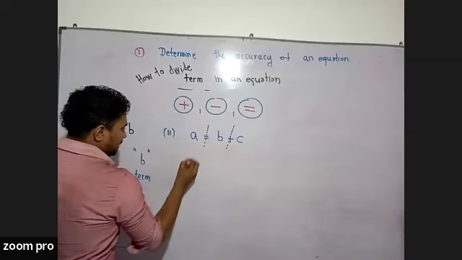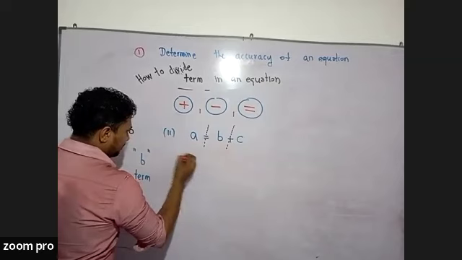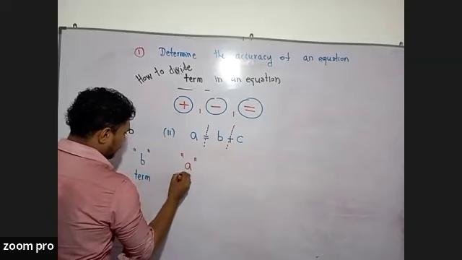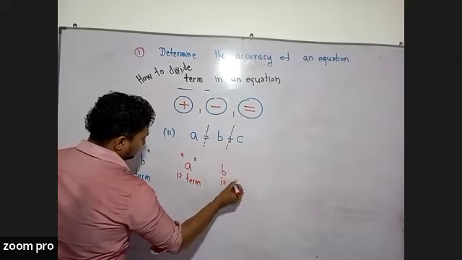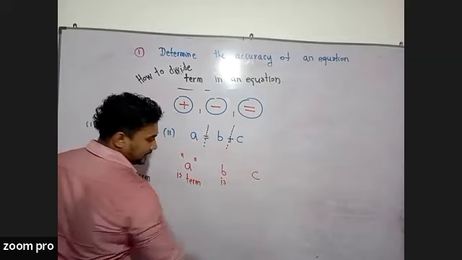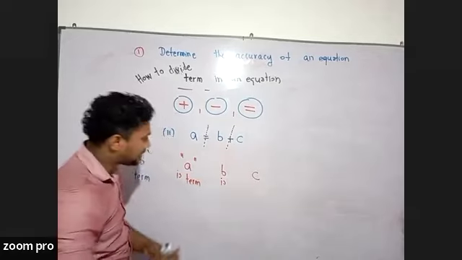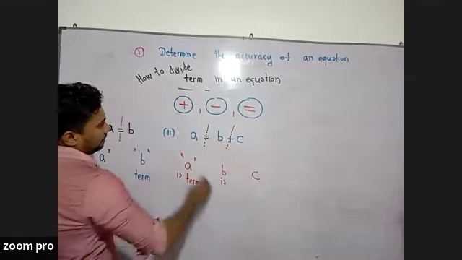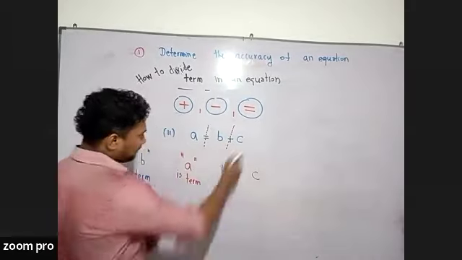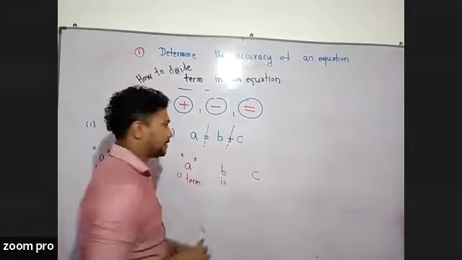A is a term, B is a term, and C is another term. So that means there are three terms in this equation, right? Assume these expressions are equations.